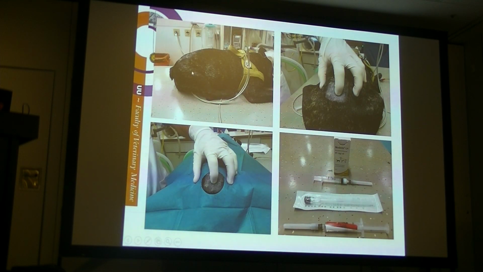So this is just an example. This was a French bulldog with low back pain. I'm right-handed, so I do the injection with my right hand, and my left hand palpates the landmarks. So if you are experienced with this technique, you don't need imaging for that. It's quite a precise technique.